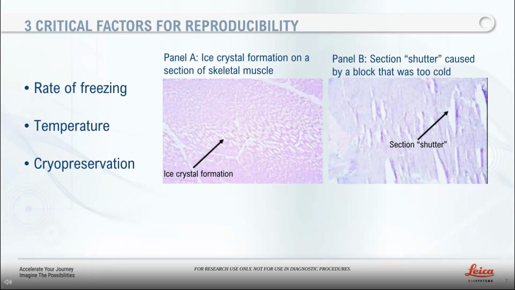Fast freezing depends on several factors: the percentage of the total surface in contact with the cold source, the volume of water, the starting temperature of the water in the specimen, and how cold the source is. Ideally, the cold source is at an extremely cold temperature, below -80 degrees Celsius, and arranged to contact all surfaces. Panel A shows the formation of ice crystals, a byproduct of a slow rate of freezing.